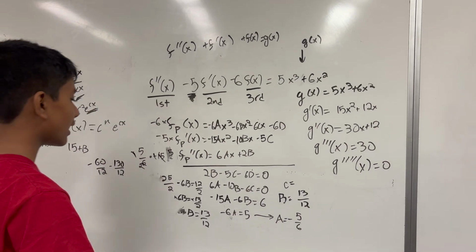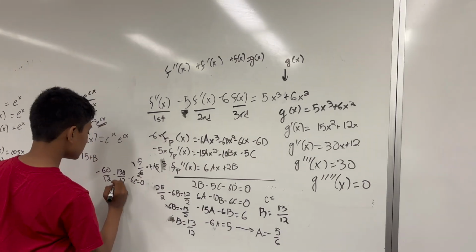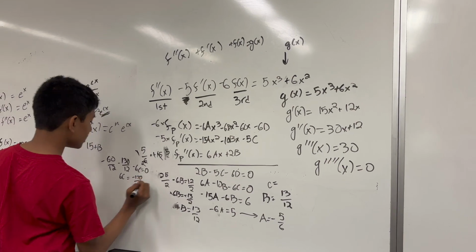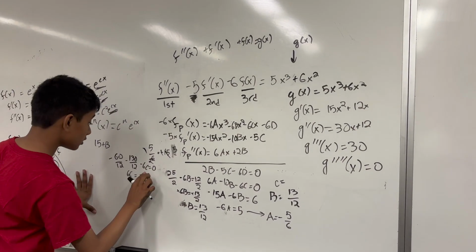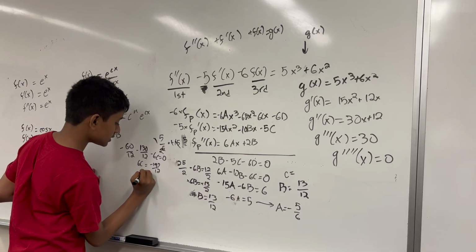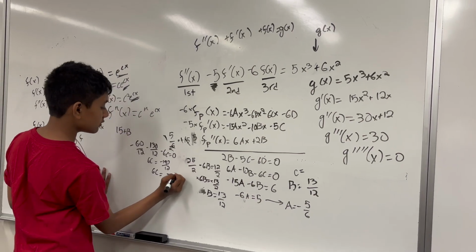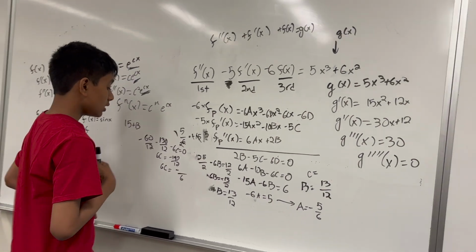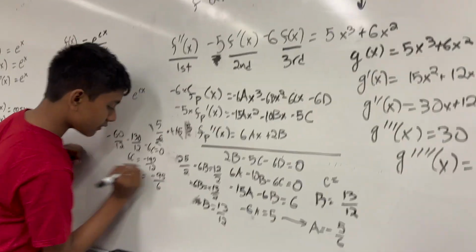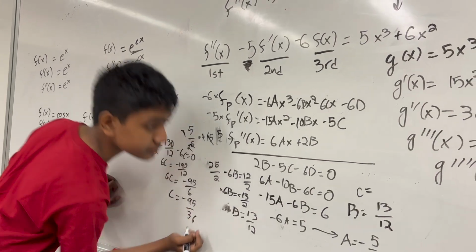And then we have minus 6c is equal to 0, so that means that 6c must be equal to minus 190 divided by 12, which if you put in the effort to actually cancel that out, this gives you minus 95 over 6, so c is minus 95 over 36.